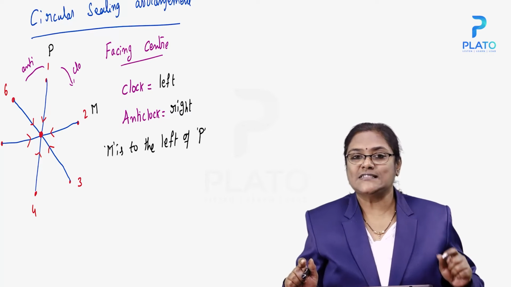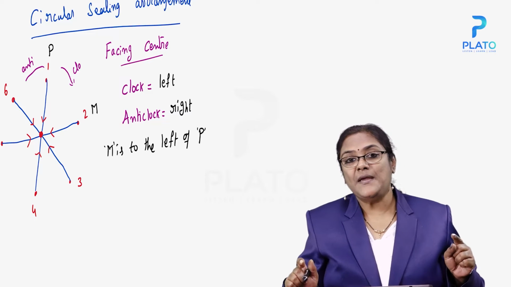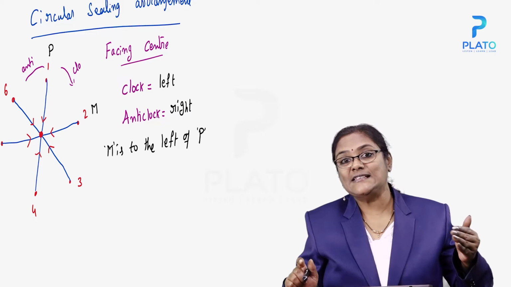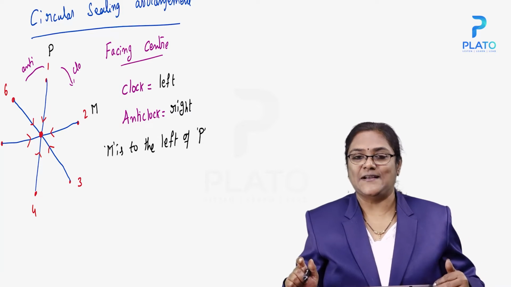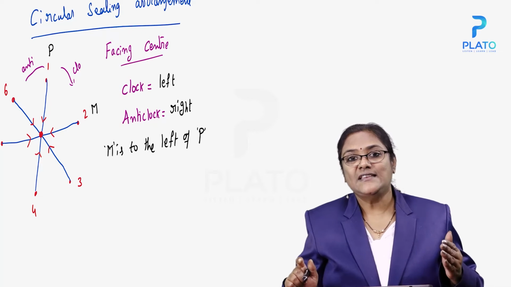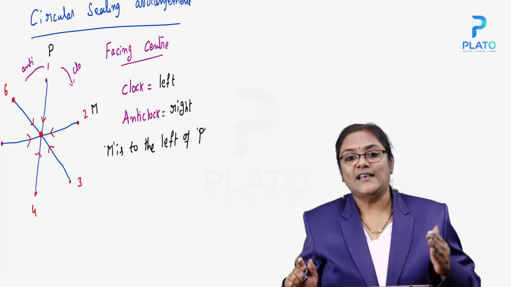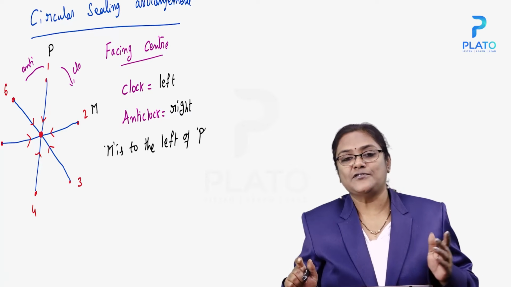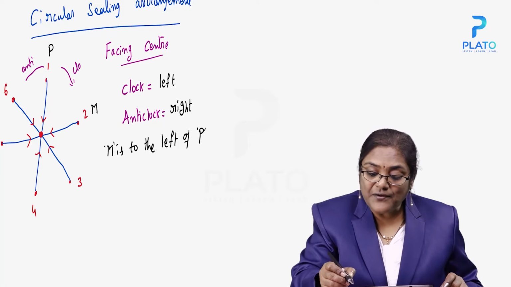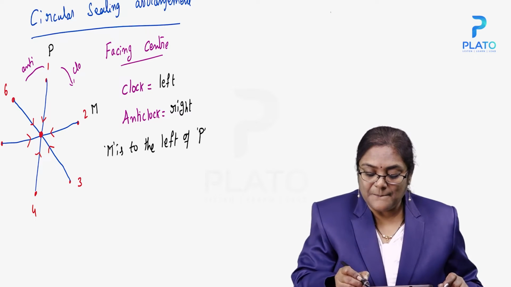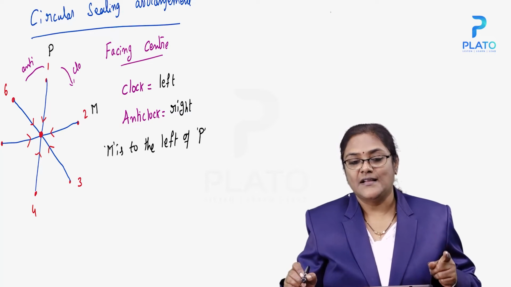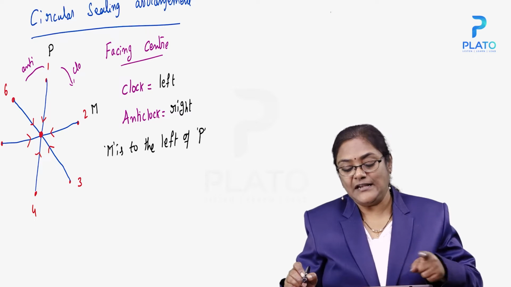From P. So from P, when you are seeing clockwise, P's left is M. So how do you make a sentence? M is sitting to the left of P. If you check from P to M, we got it.